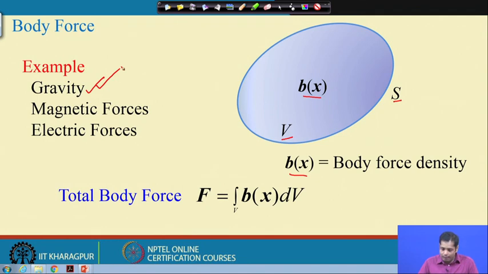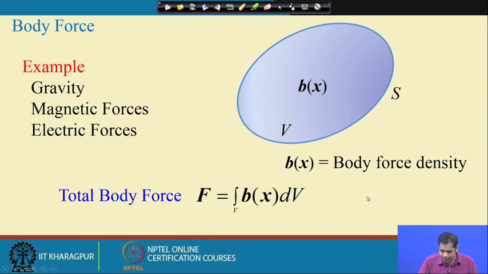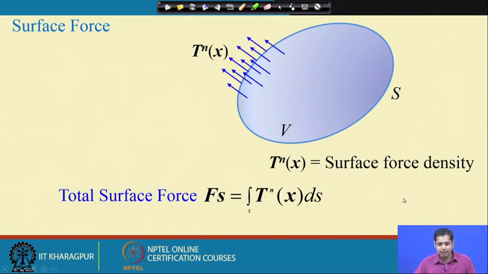In addition to that, there is one more force that we can have, the surface force. If you recall in the previous class, when we talked about the boundary conditions specified at the surfaces, those are the surface forces, represented on any surface by the traction at any point.